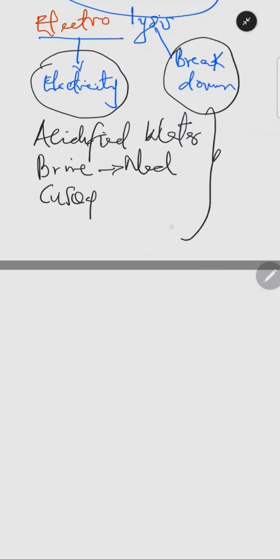From here, it is clear that our substances can either be a salt or an acid, and these substances represent something we call electrolyte.